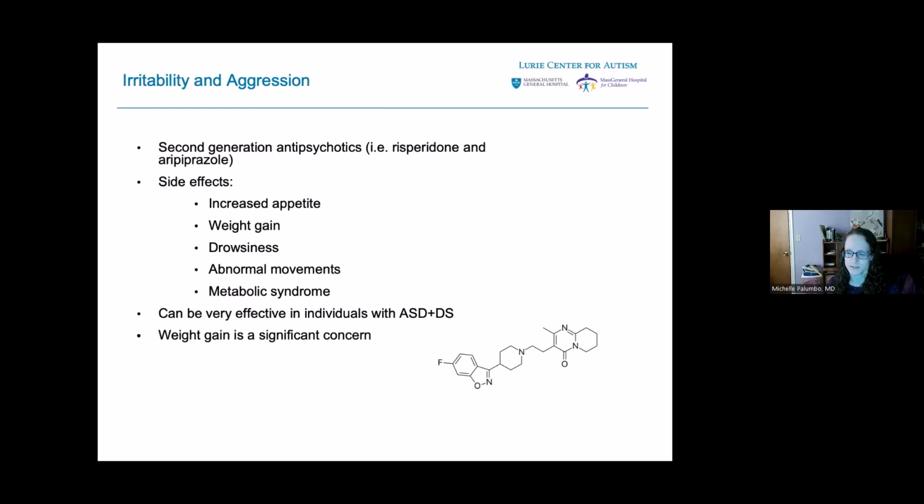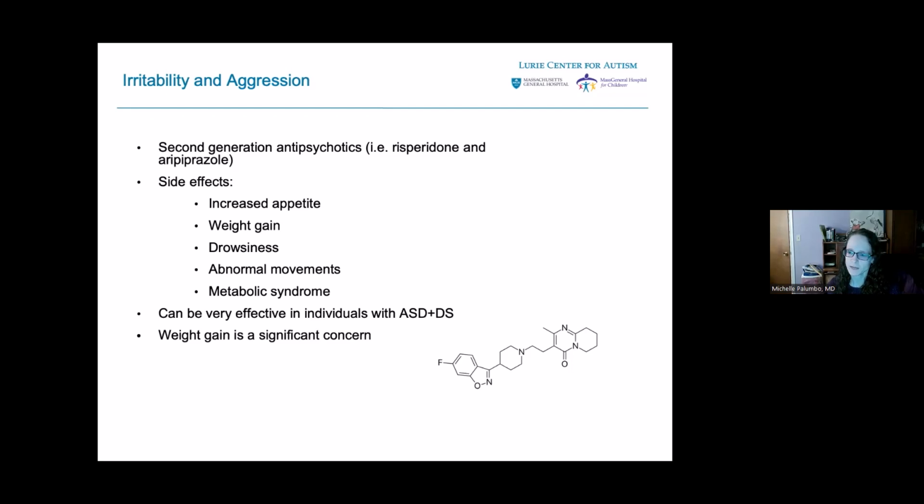The individual is not psychotic, and the other name is neuroleptic, but I don't think that's any better. But that's just my personal preference there. Side effects include increased appetite, weight gain, drowsiness, abnormal movements, and metabolic syndrome, which is weight gain, high blood pressure, cholesterol, and a bunch of different abnormalities there.